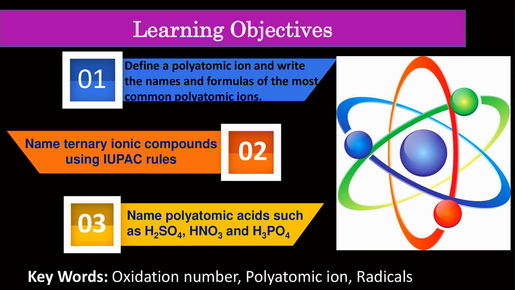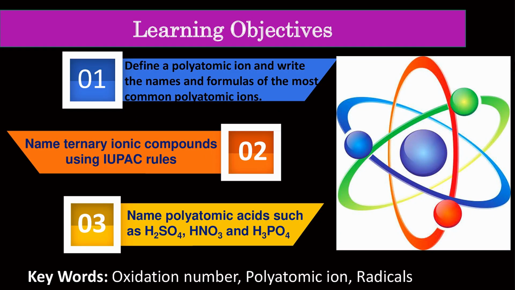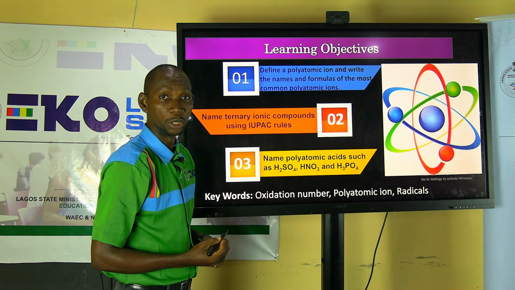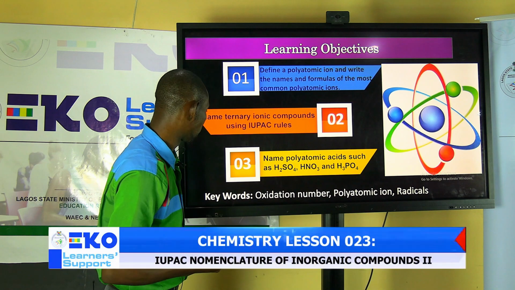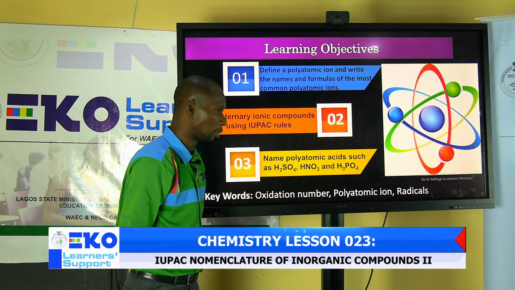You should be able to name what we refer to as ternary ionic compounds using the IUPAC nomenclature. 3. You should be able to name polyatomic acids such as H2SO4, HNO3, and even H3PO4.